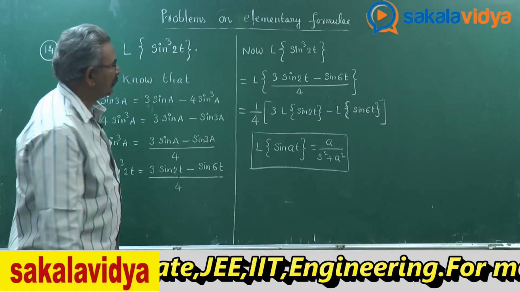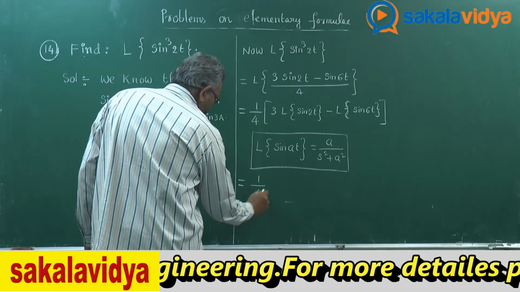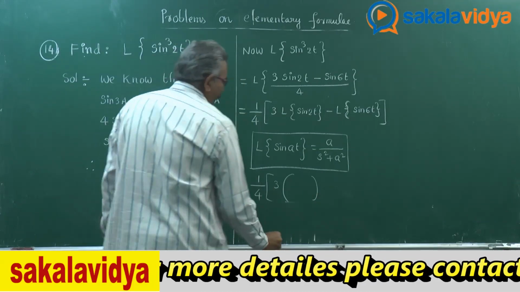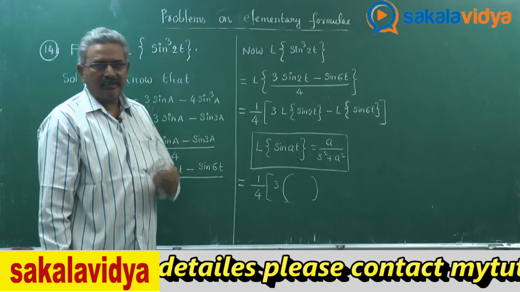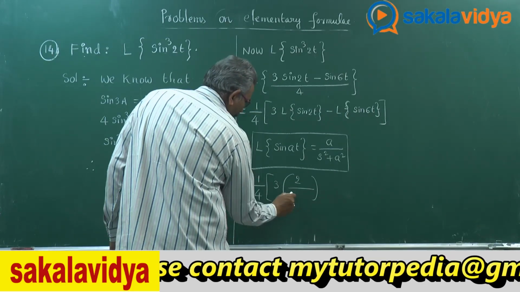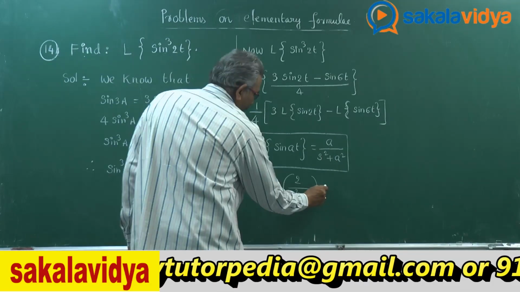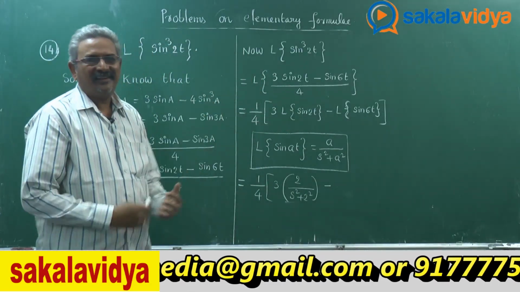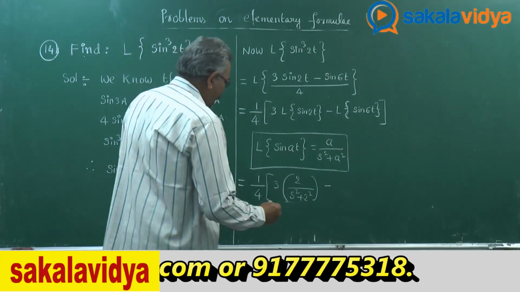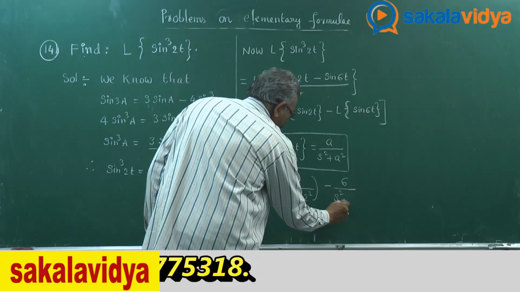So now 1 by 4 times 3 multiplied by, since this is sin 2t, 2 divided by s square plus 2 square, and minus the value of the Laplace transform of sin 6t, that is nothing but 6 divided by s square plus 6 square.